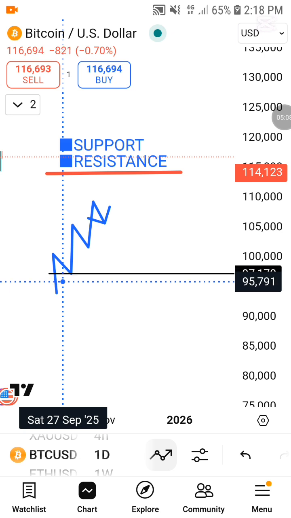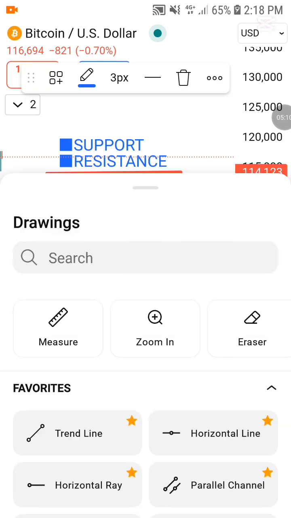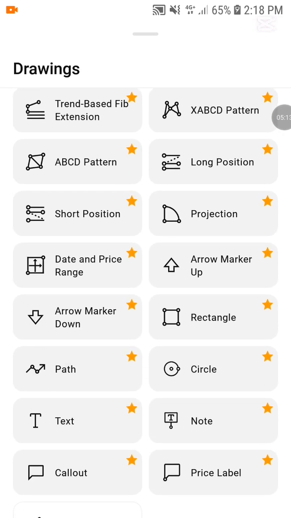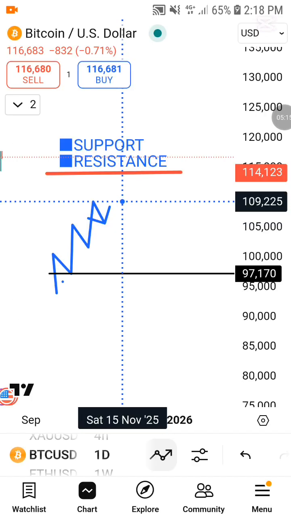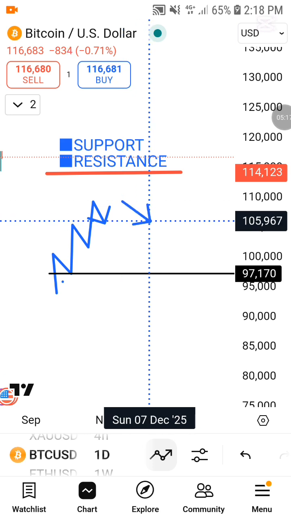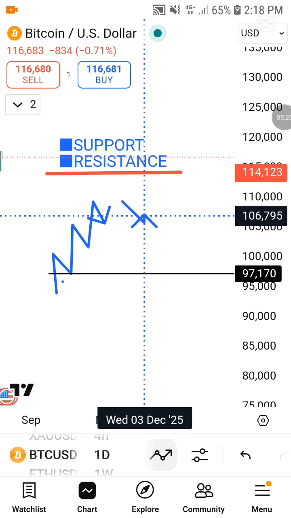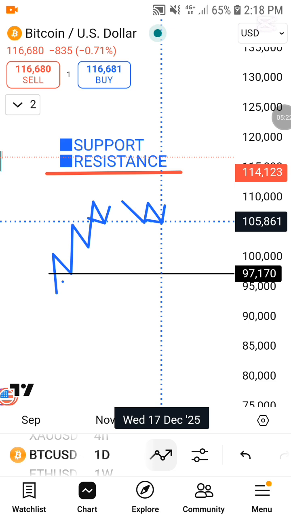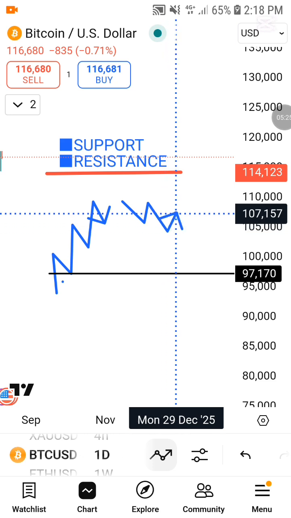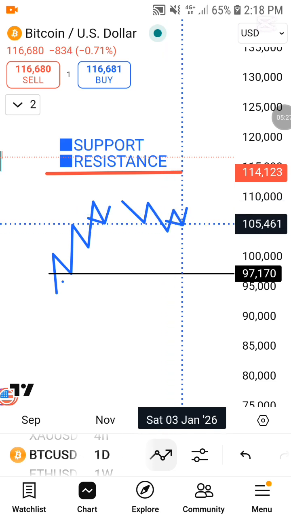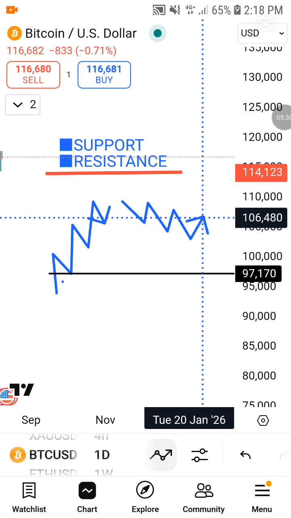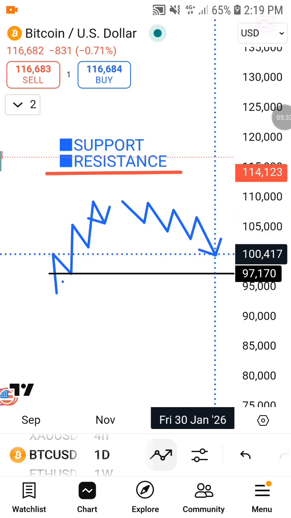Then on the other hand, we have resistance. Let me draw it first. When we are talking about resistance, it may be referred to as an area where sellers came in as an oppositional force against buyers to push the price of the market downward.